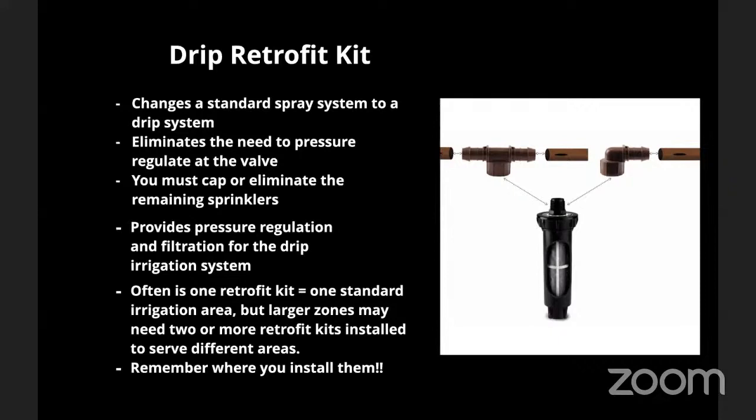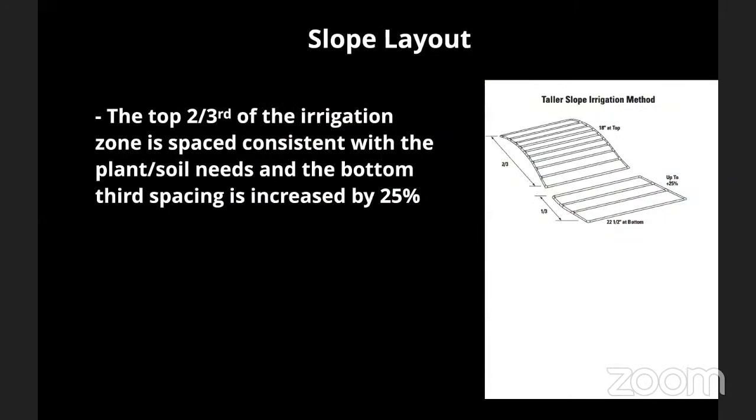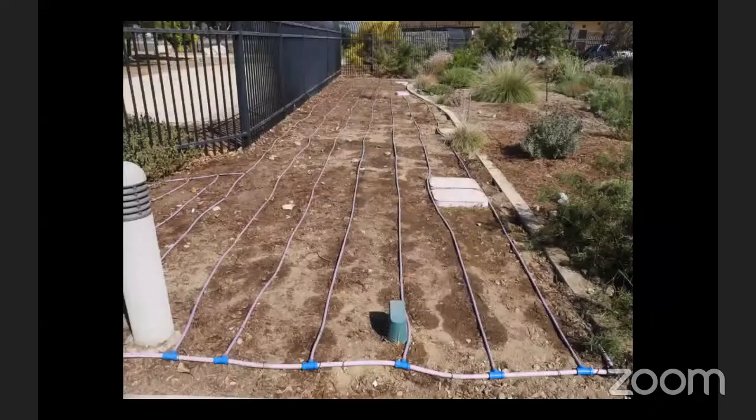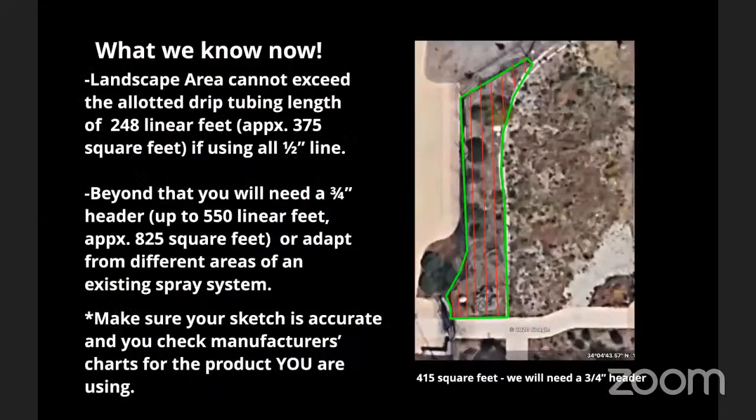So, question from Lynn: define a standard irrigation area. Yeah, good question. Generally that means the area that would be served by one small valve. So what you can consider is, if it's less than 375 square feet, no problem. You can just use one.